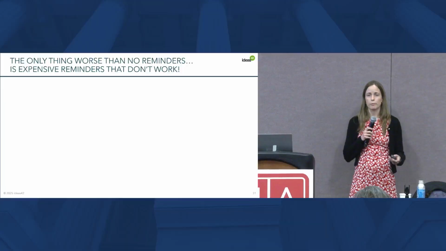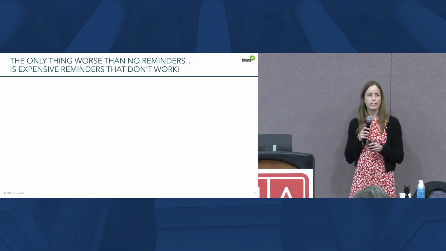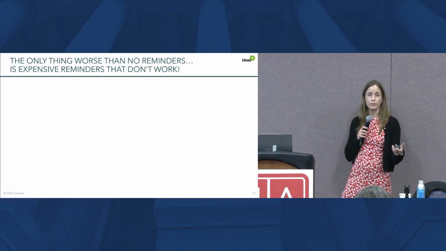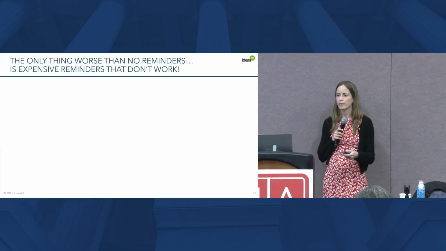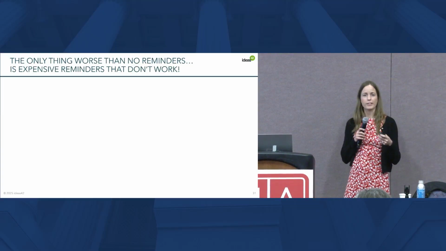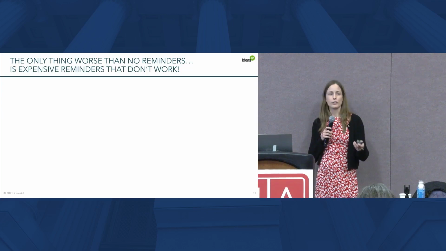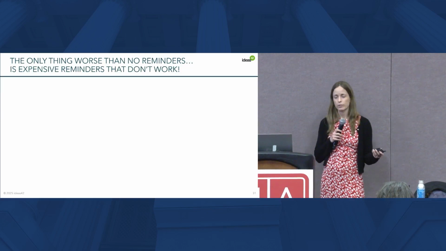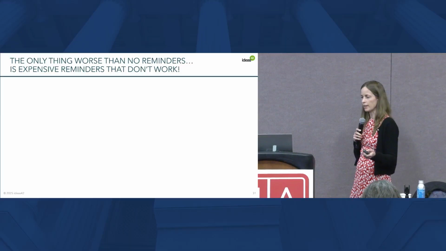As Isabel shared, there's a lot of evidence showing reminders are effective, but you can't just have any reminder program. You have to think carefully and be thoughtful about how you set up your reminder program. We see some courts that spend a lot of time, effort and money to set up reminder programs, but then they don't see a lot of impact. There's a couple of things that could be going on there.